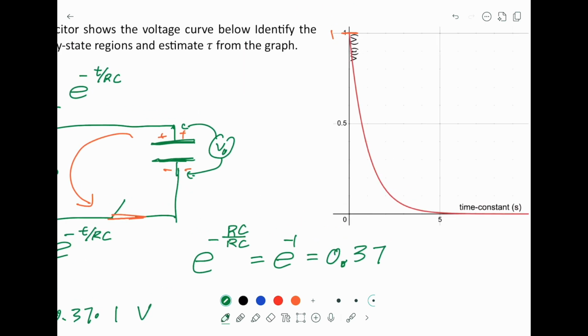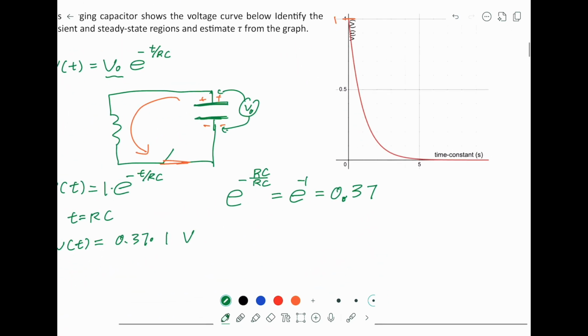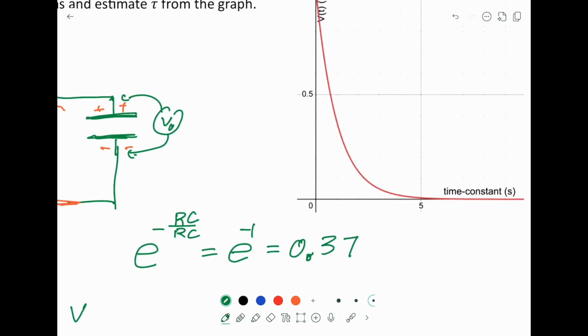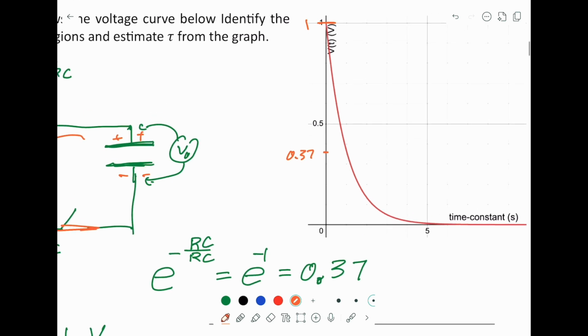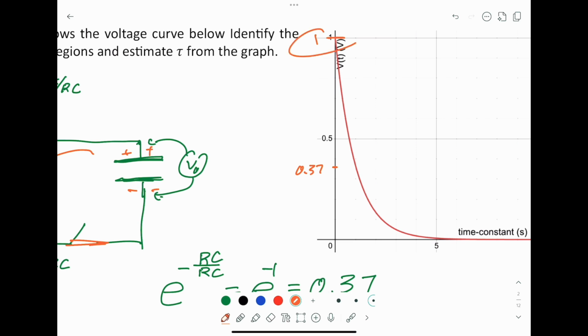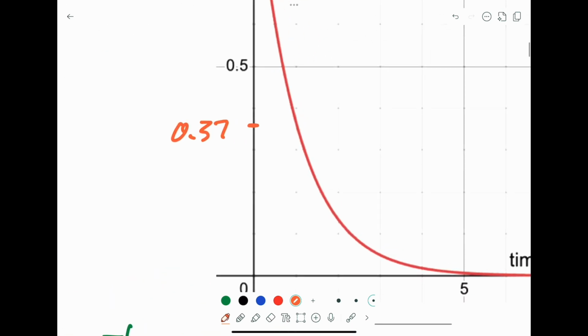This is our initial voltage. So we go back here, we try to find the y-axis. 0.37 is roughly about here. Now you reach 0.37, 37% of the initial voltage, 1 volt. That's why we find this number.